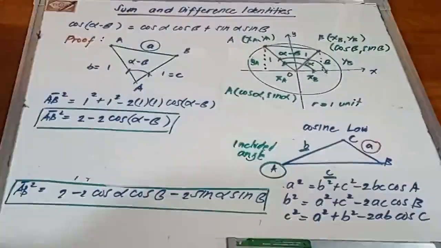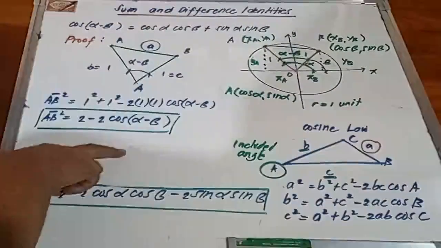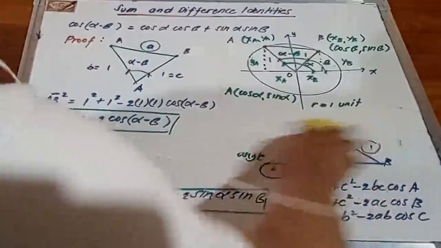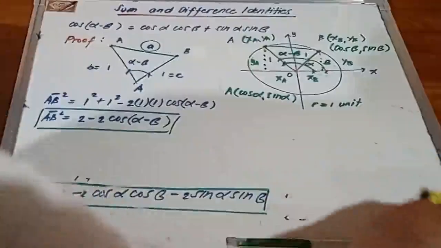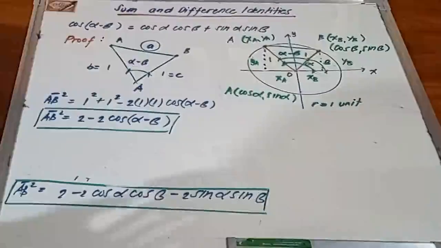Pag-i-equate lang natin sila kasi isa lang naman yung AB squared na tinutukoy natin dito. Ito lang ginamitan natin ng distance formula. Ito ginamitan natin ng law of cosine. Kasunod niyan, equate natin yung dalawa.